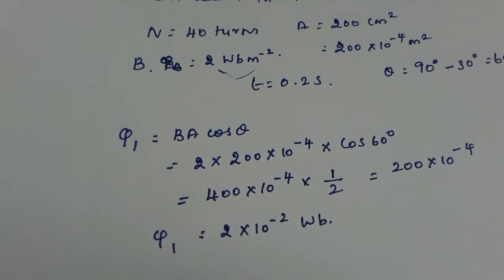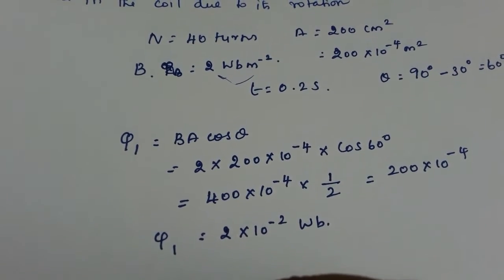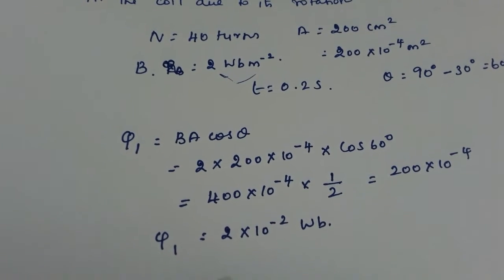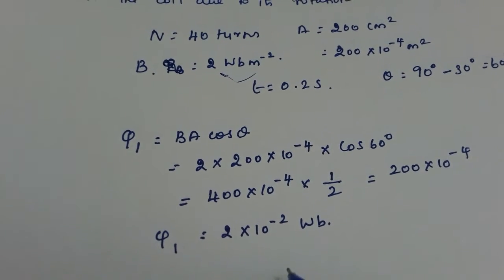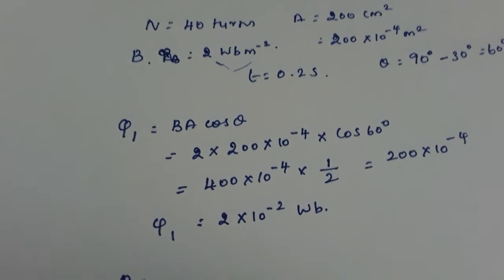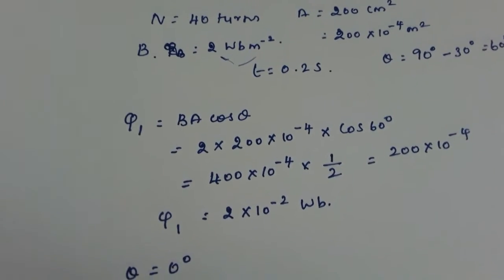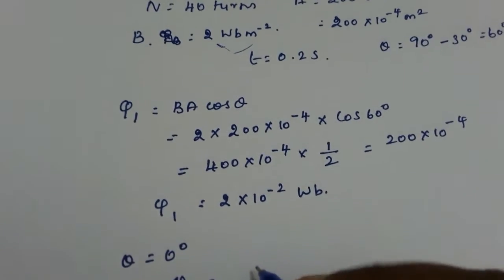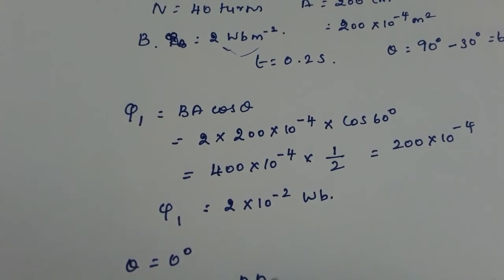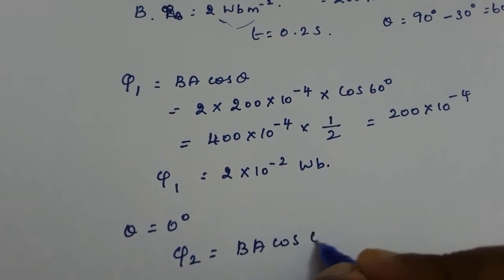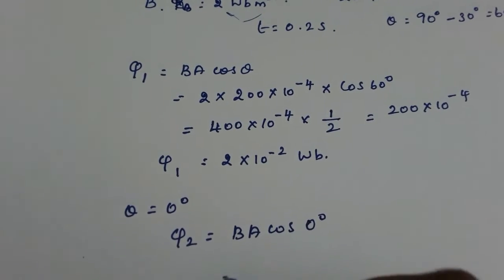Now for the final flux, the angle theta is equal to 0 degrees, because the area vector and the magnetic field are parallel. So phi 2 is equal to BA cos 0 degrees.